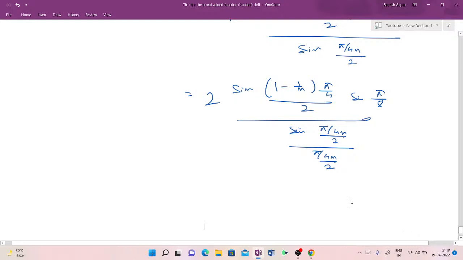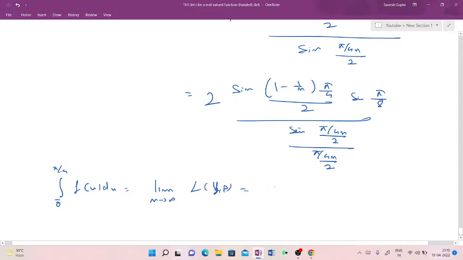Now see, the lower integral, which is the integral from 0 to pi upon 4 of f(x) dx, is basically the limit as n tends to infinity of LFP. If you apply the limit as n tends to infinity here, this becomes sine of pi upon 8, right?